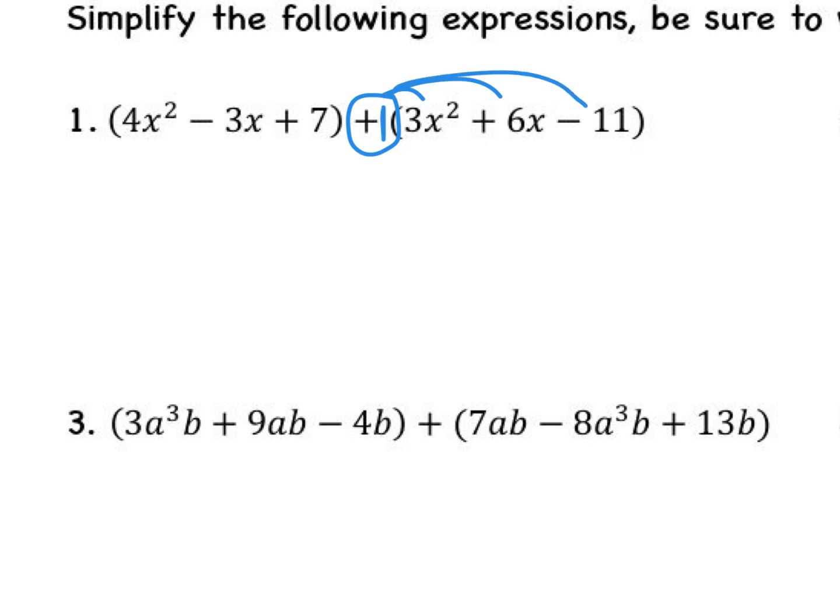Do you remember distributing, hopefully, from 8th grade or 7th grade or 6th grade? But really, when we multiply a 1 times anything, does it change? No. So if there's a plus sign here, we really don't need to worry about that distributing thing. You can do it if you really want to, but not necessary.